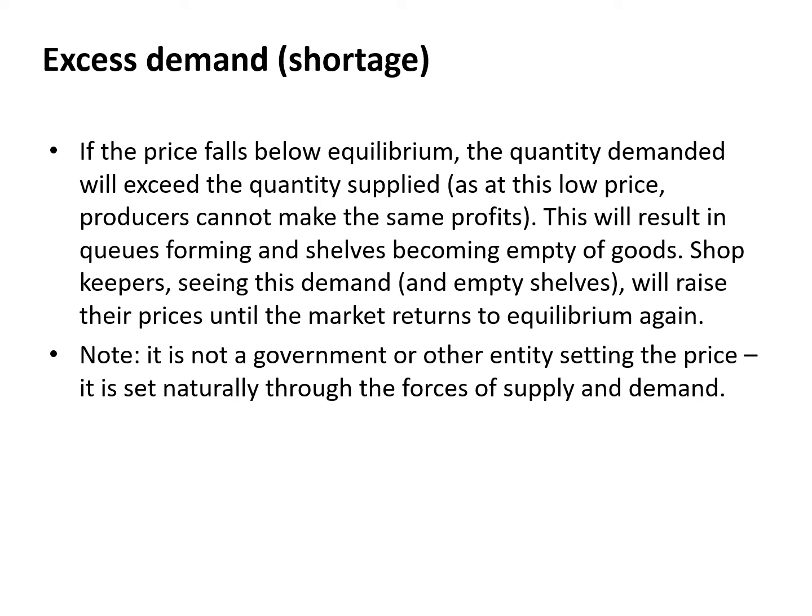Shopkeepers, seeing this demand and empty shelves, what will happen? They will raise the prices until the market returns to equilibrium again. Note over here, it is not a government or other entity setting the prices. It is set naturally through the force of supply and demand. So based on the supply and demand, the prices will be set.